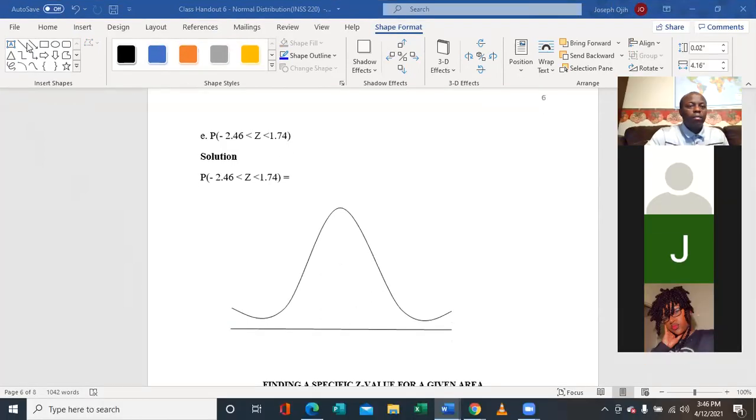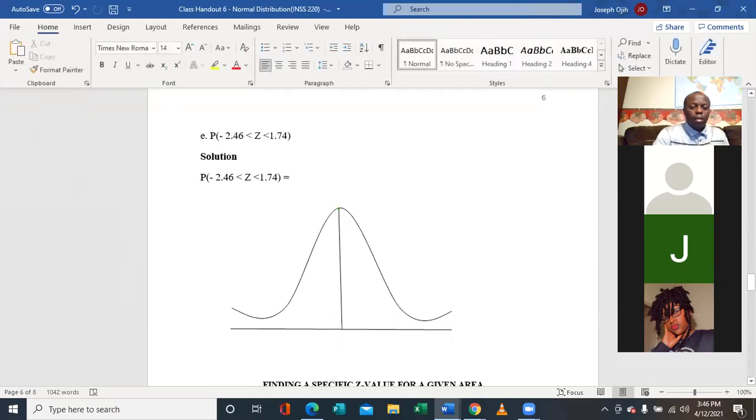And then we can now put the mean of 0, center of 0. Now it says, the first one, to the left, is negative 2.46, which is the left side.